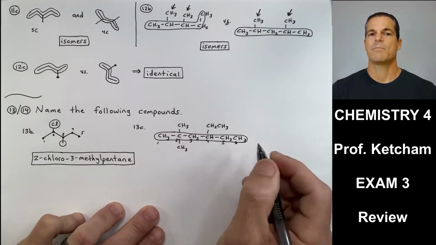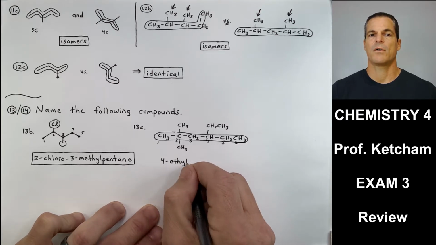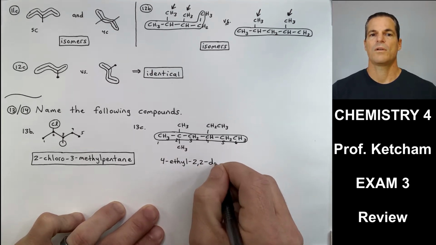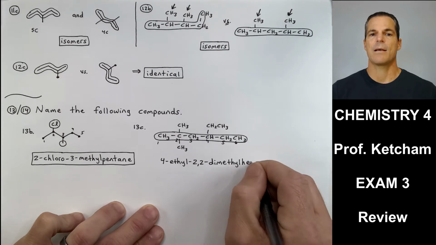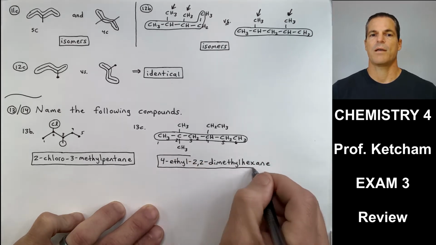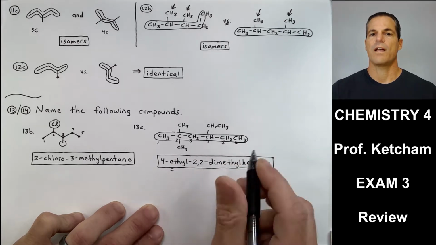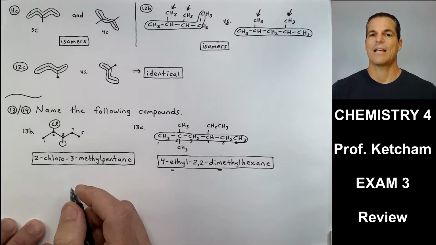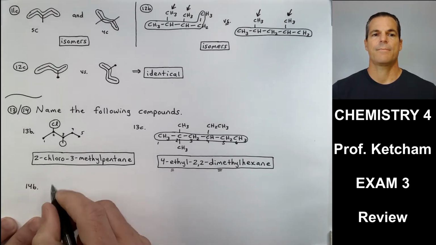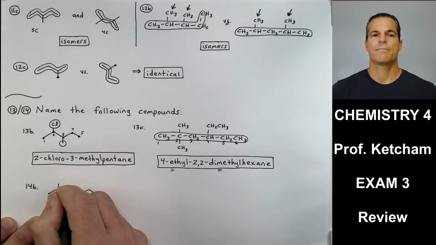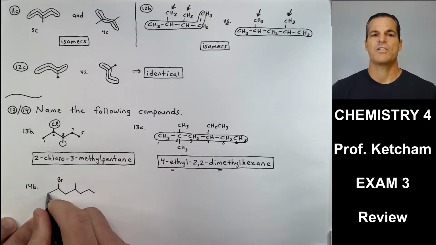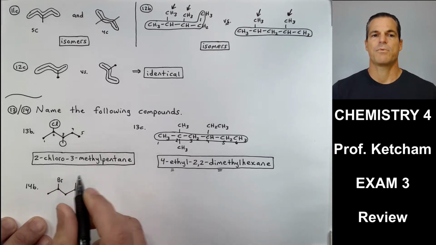I want to keep the branching as low as possible, so I put carbon 2 for the 2 methyl groups. E comes before M. That's why I'm double underlining there. 4-ethyl, 2,2-dimethylhexane.